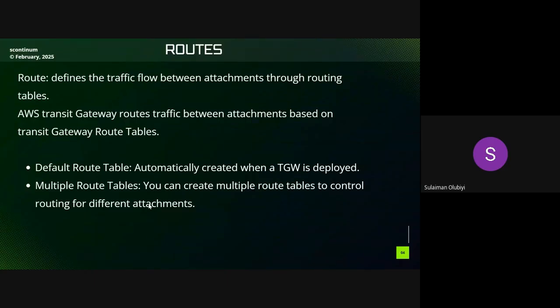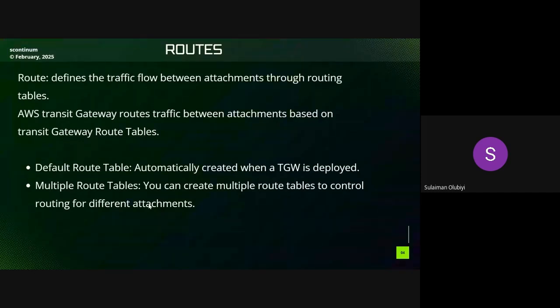So the transit gateway manages the route. There is an option for a default route table. Once you create a transit gateway, first touch like this, it's going to give you a default route table. And also you can create your own customized one. Many companies even delete the default one and customize their own route table based on their own traffic pattern.